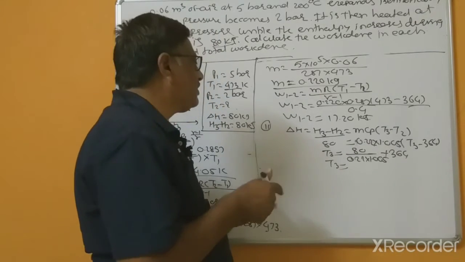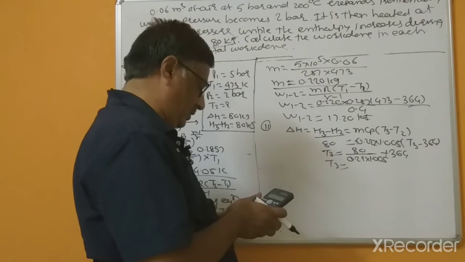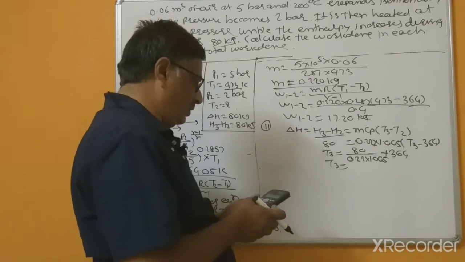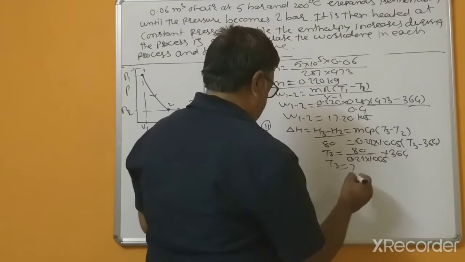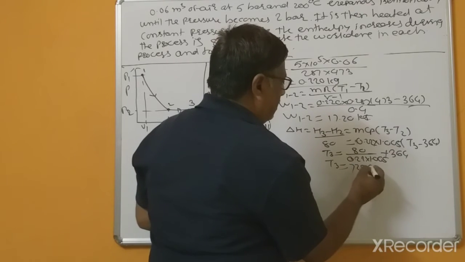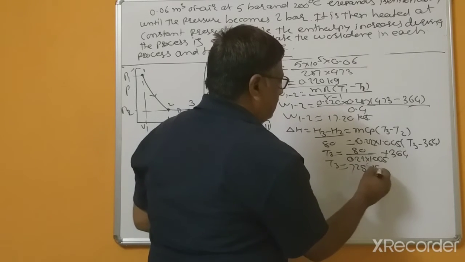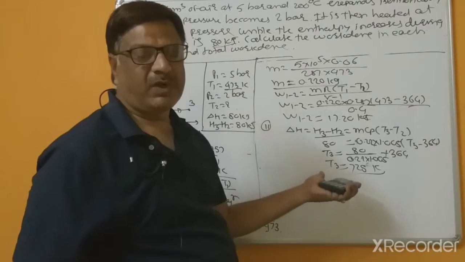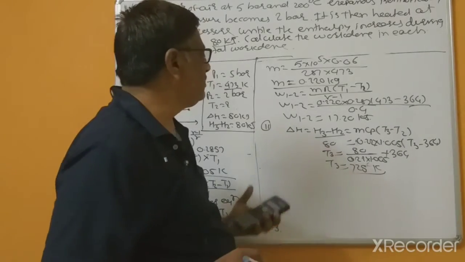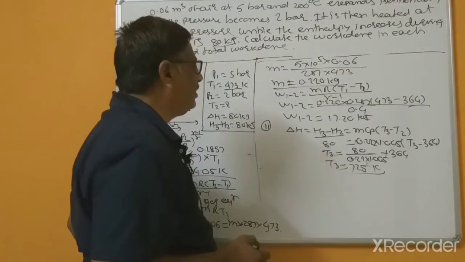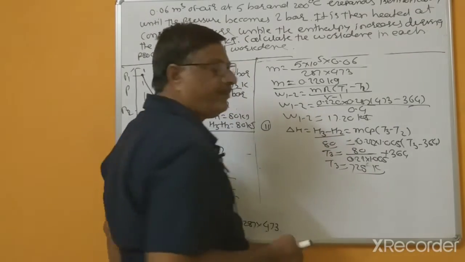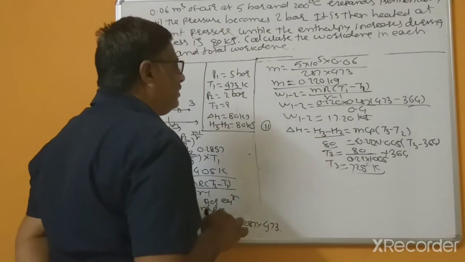This T2 temperature, T3 temperature, this is 725 Kelvin. Now because of the addition of heat, this is too much of an increase, but this is as per the given data. So that's why, because this is given, this is correct.